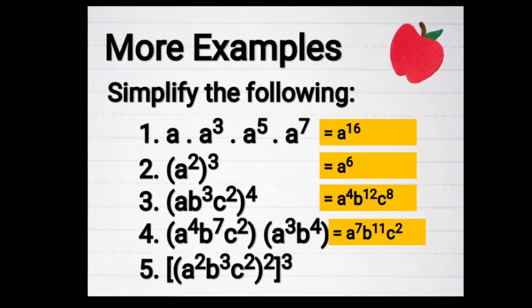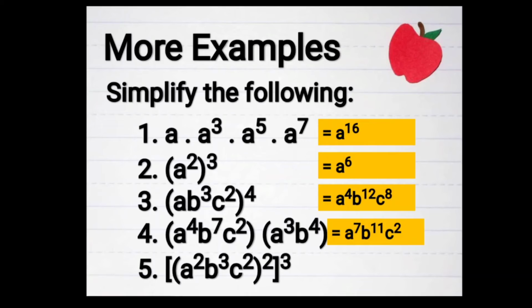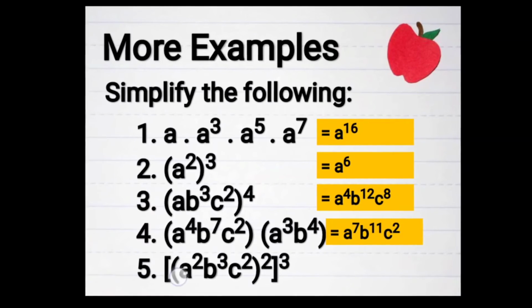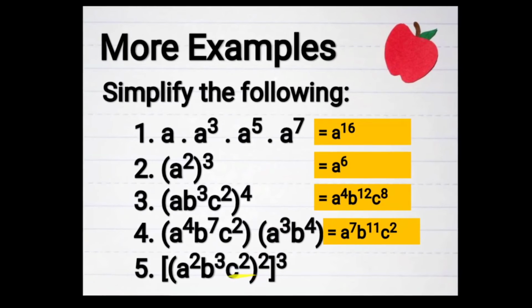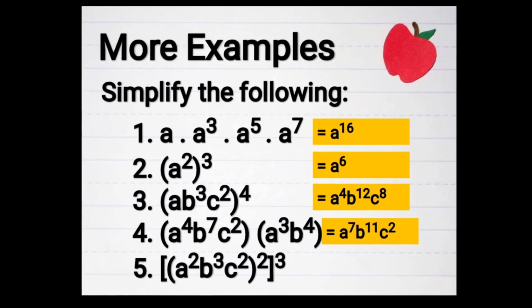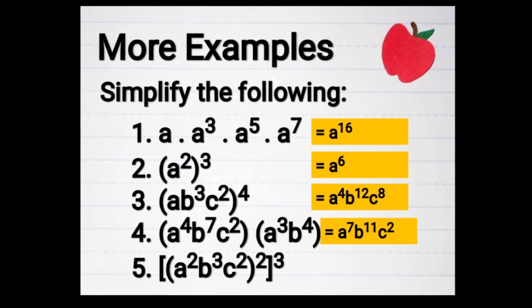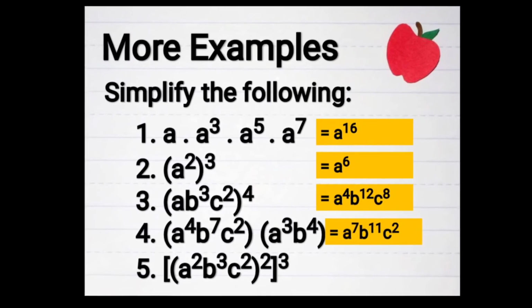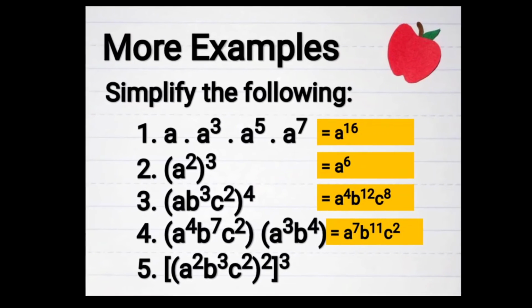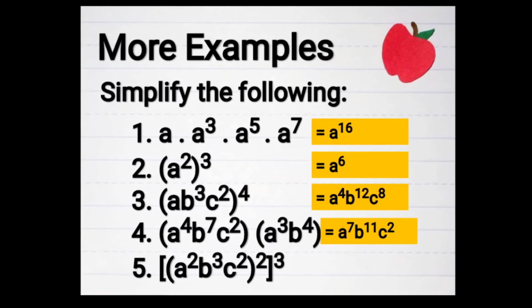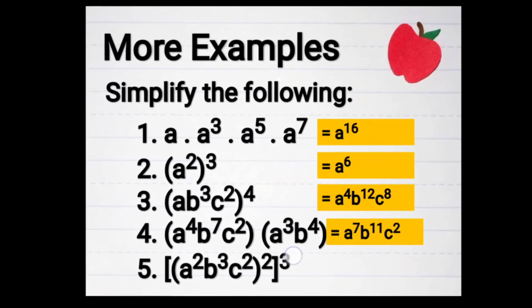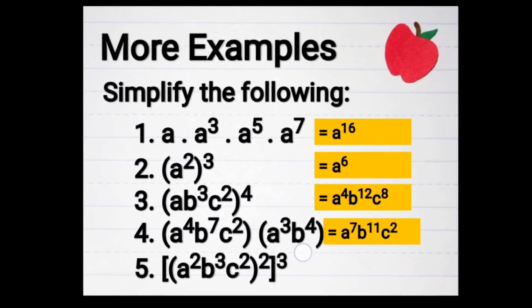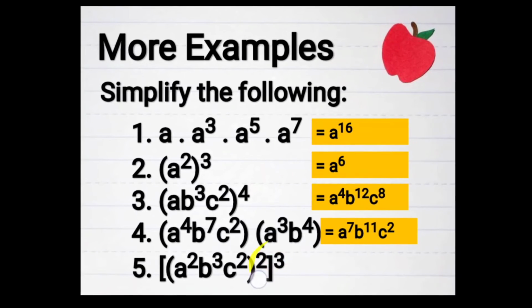So for the next example, let's have the quantity of a squared times b cubed times c squared, then cubed. Okay, so in this case, we can apply the third law, which is the power of a product. What you are going to do is multiply this outside exponent to this exponent.